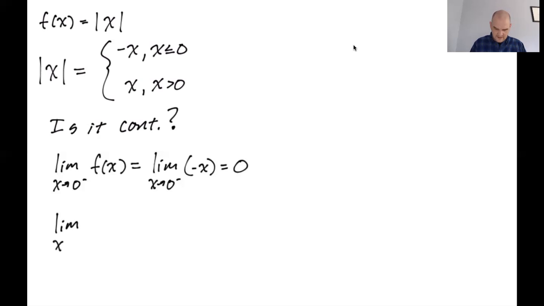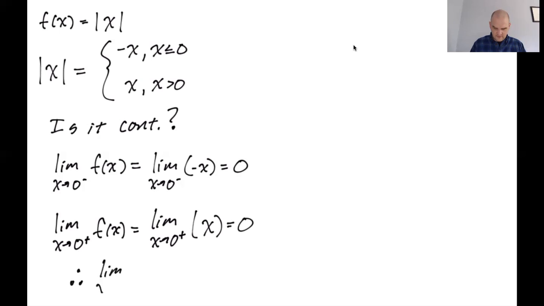The limit as x approaches 0 from the right of f of x is going to be the limit as x approaches 0 from the right of, so to the right of 0 is 1, 0.5, 0.1, positive values. So that's going to be the limit of just normal x, which is also 0. So we know that the limit as x approaches 0 of f of x is equal to 0.